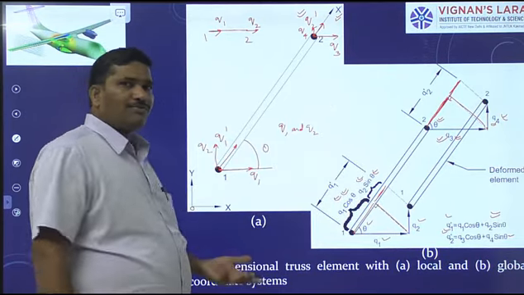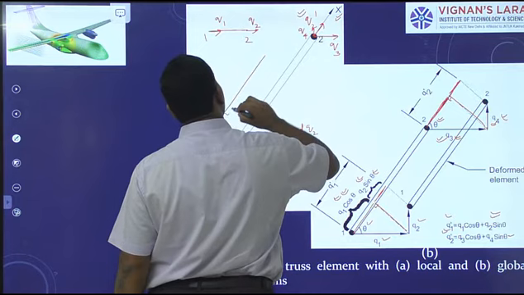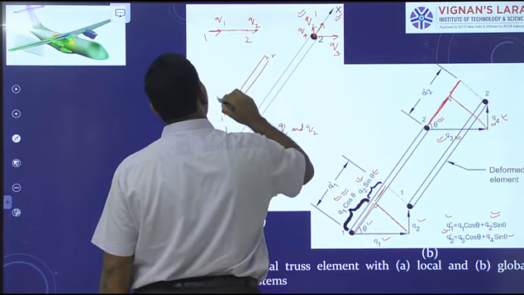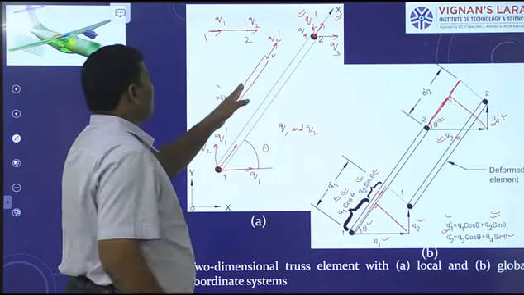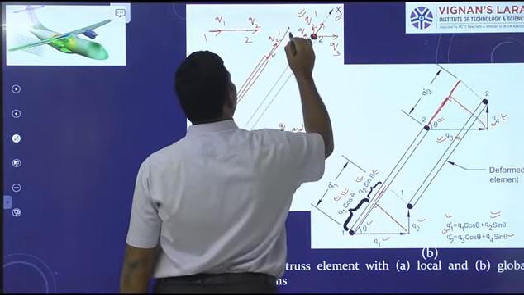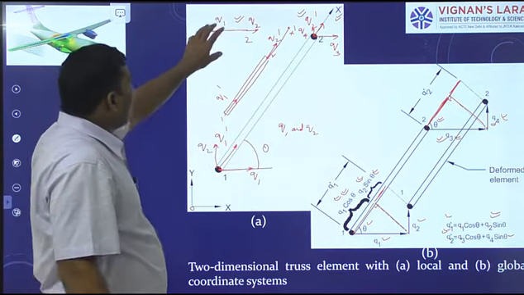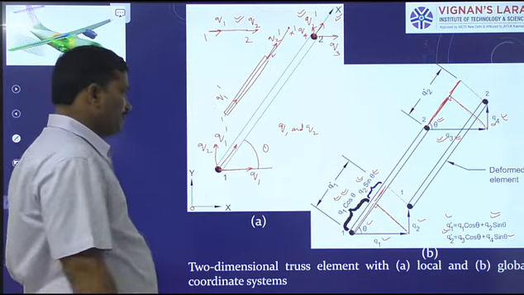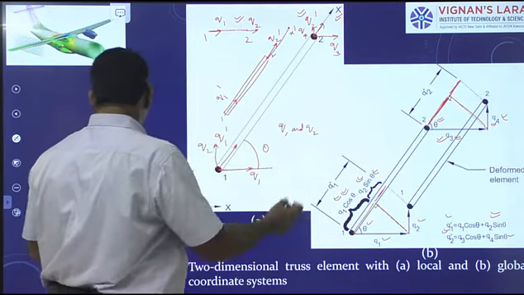Once you determine Q1 dash and Q2 dash, can you develop the element stiffness matrix? Yes, because this is the truss element, this is node 1 and this is node 2, and we have Q1 dash and Q2 dash. With respect to the local reference frame x dash, how does this element look? A two-noded bar. Therefore, the concept of the two-noded bar element we apply here to the truss element and derive the element stiffness matrix. Now we have two equations, and we can represent them in matrix form also.